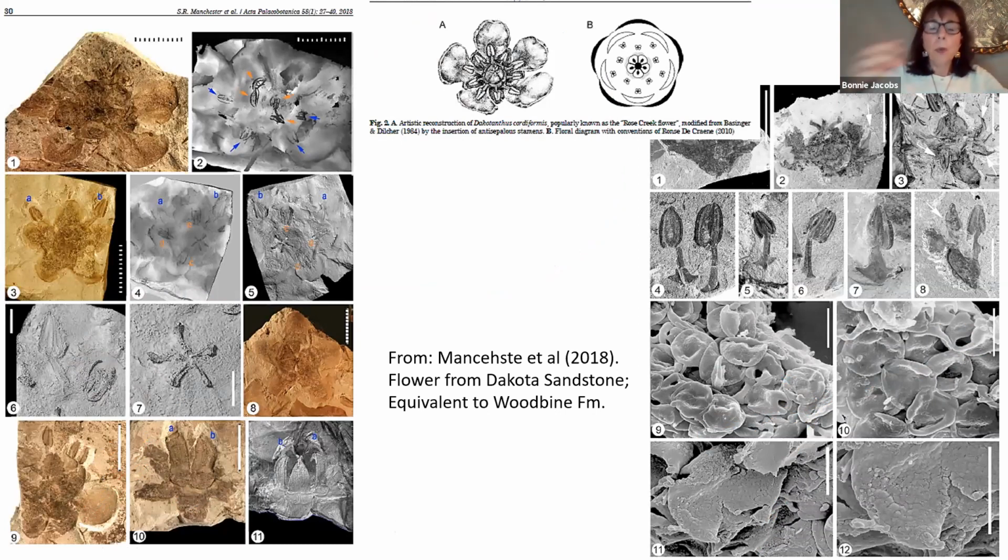So now we want to expand our understanding of where we are in flowering plant evolution and put it in the larger context of what's being found around the world. And I wanted to just give you one or 2 examples because there's a lot out there. This is from a study by Stephen Manchester and his colleagues, looking at one particular kind of plant that came from a site equivalent in age to the Woodbine that we find around here.